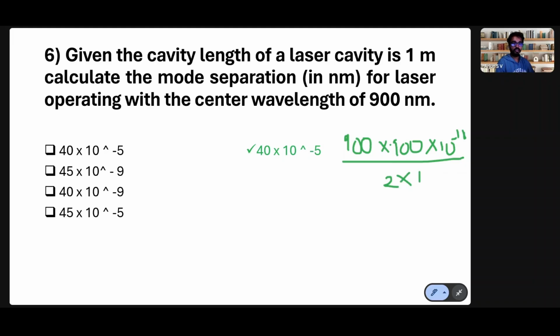So 9 into 9 is 81. 81 by 2 is 40.5. We have 10 power 4 here. Out of this 10 power 18, if you have 10 power 4, you will have 10 power minus 14 left. So out of that, you can make 10 power minus 14 as 10 power minus 9 into 10 power minus 5. So your 10 power minus 9 will be part of your nanometer calculation. So you will have 40.5 into 10 power minus 5 nanometer.